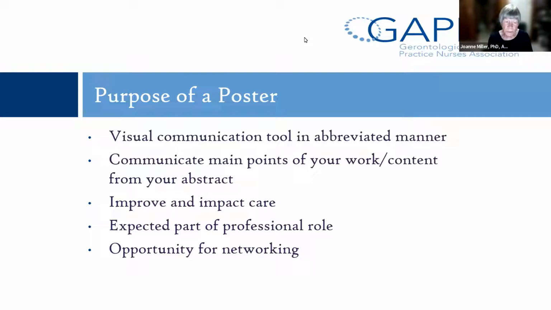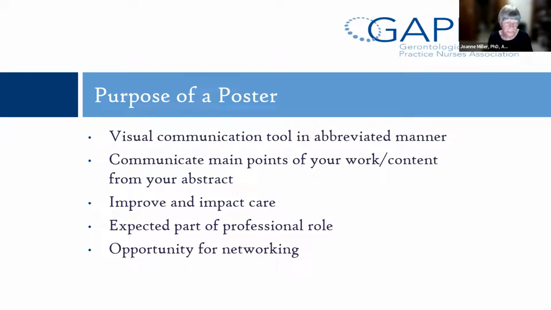One of the most important things is that it's a visual communication tool in an abbreviated manner to show the important work that you've done. It's a way to communicate main points of your work and content from your abstract. It's also a sharing of important information that will impact and improve care.